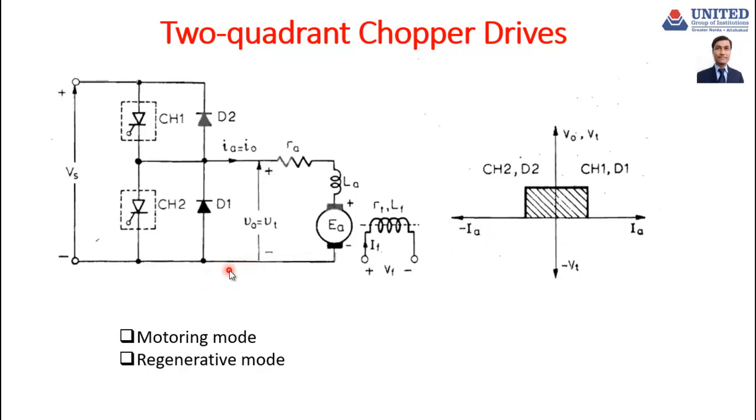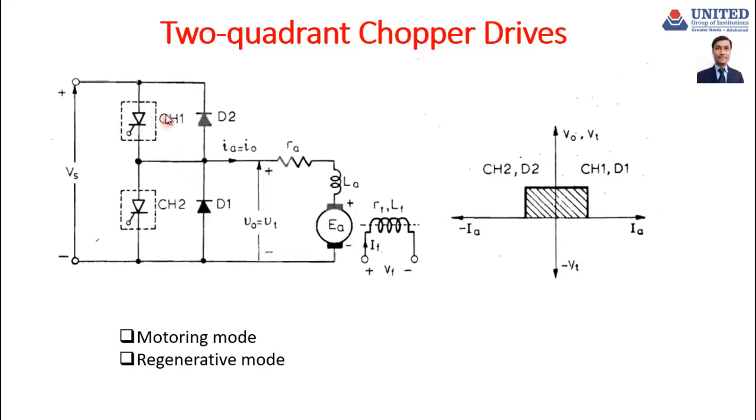This drive operates therefore in two modes of operation. First one is motoring mode and second one is regenerative mode. In the motoring mode, the switch CH1 and diode D1 operate.